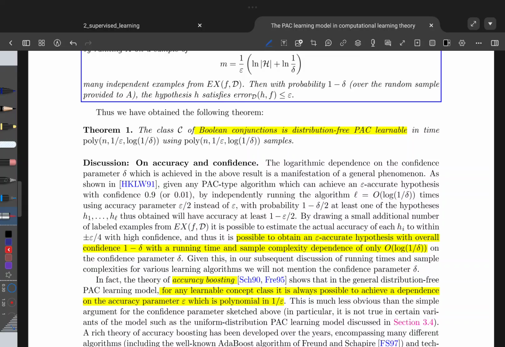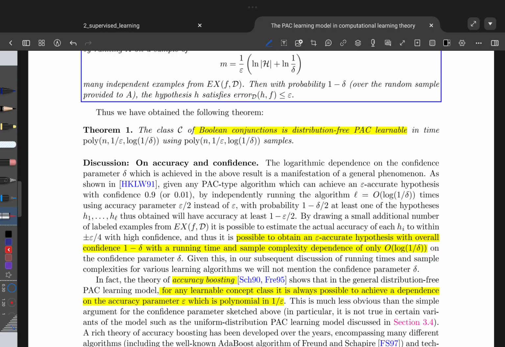And in fact, this is kind of the best that you can do. So in general, if the focus is only on sample complexity and you don't care about computational complexity, the accuracy parameter can be made to depend on delta and epsilon polynomially in 1 over epsilon and log 1 over delta, as long as it is learnable.